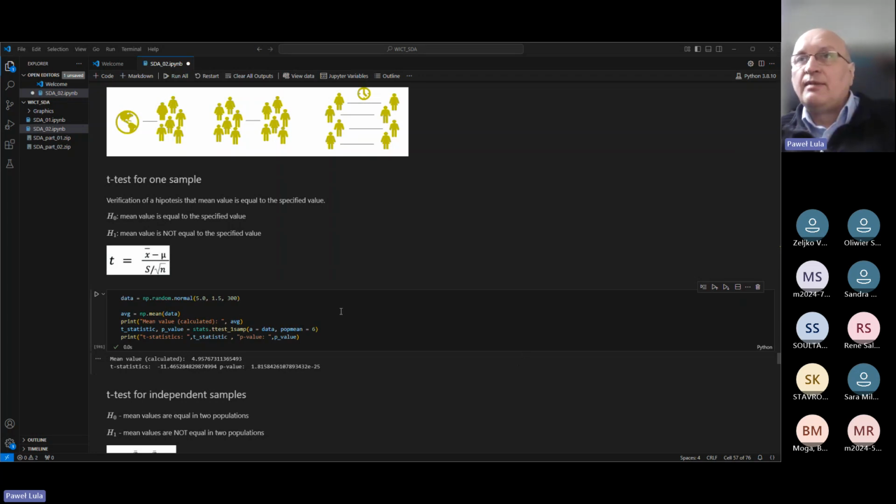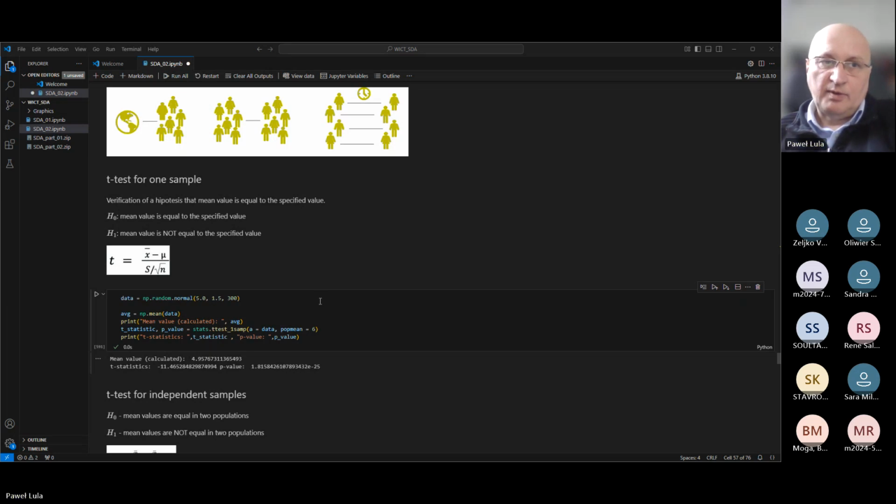Maybe the last element which can be discussed here using this example is another way of interpretation of the p-value. You know our problem.